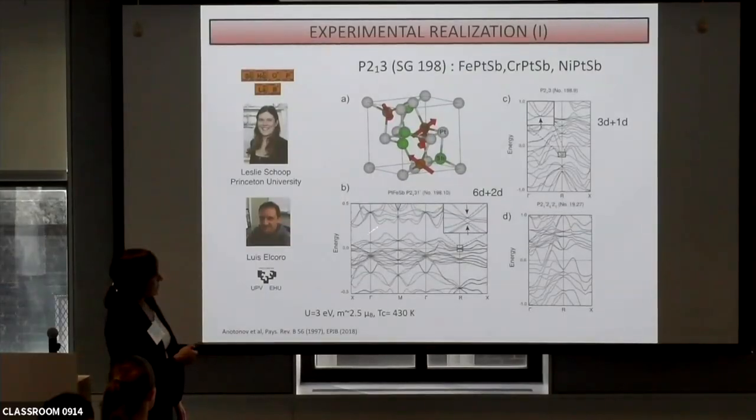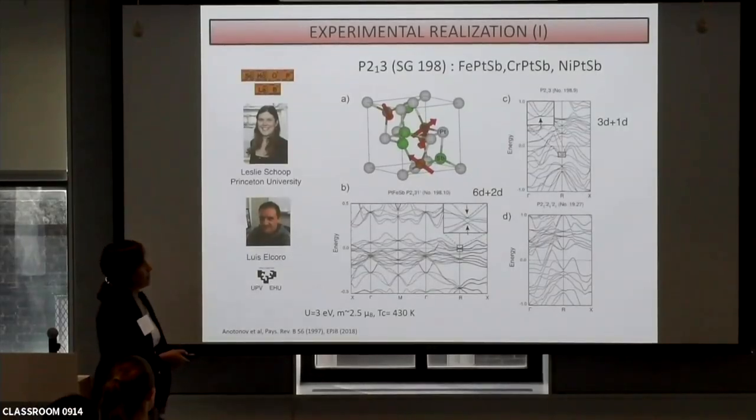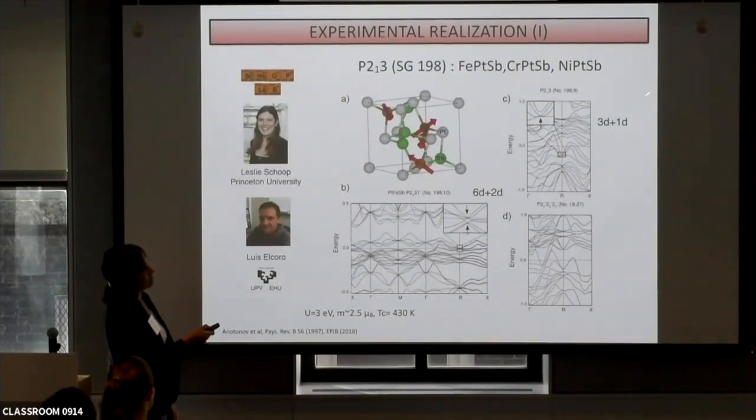This is the band structure. We have these 2 6-folds for the paramagnetic phase close to the Fermi level, and when we let the iron magnetize, the 6-dimensional E rep is split into a 3-dimensional E rep plus 1, as we can see here.